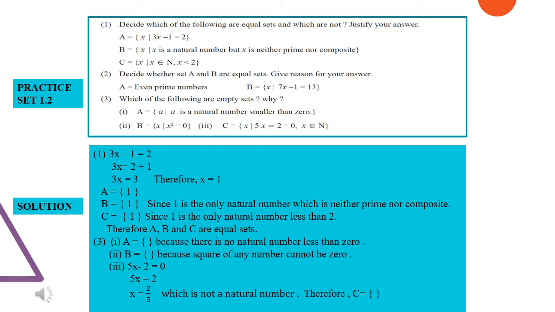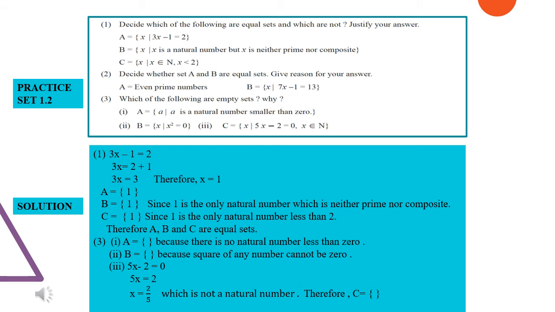And the last one, C is equal to x such that 5x minus 2 is equal to 0. I simplify this and I get my answer for x is equal to 2 by 5. Now they have given that x belongs to natural number, but here we have got our answer in fraction. So it is not a natural number and therefore my answer is C is equal to an empty set.